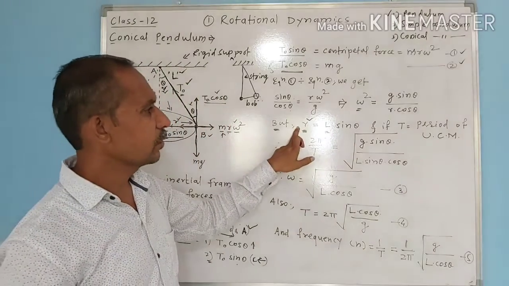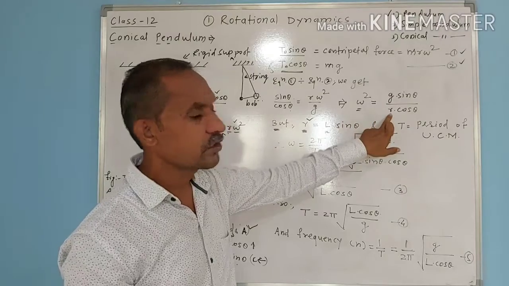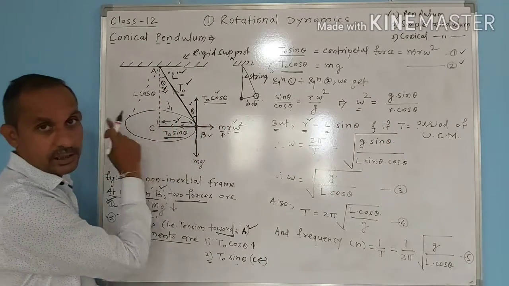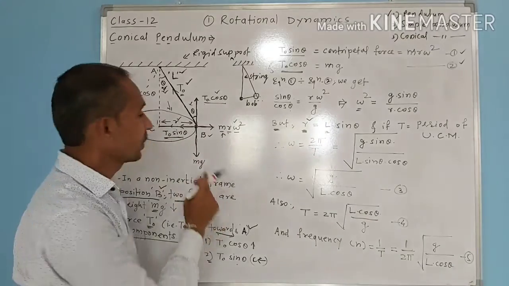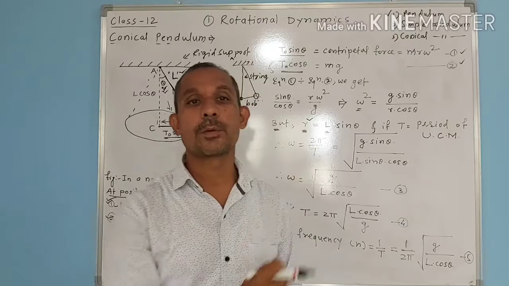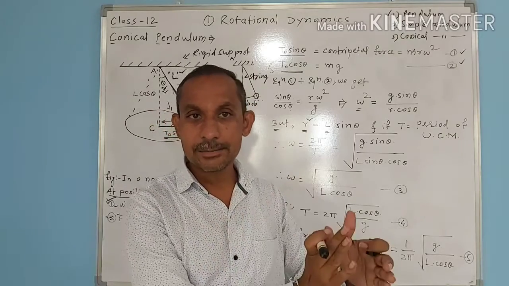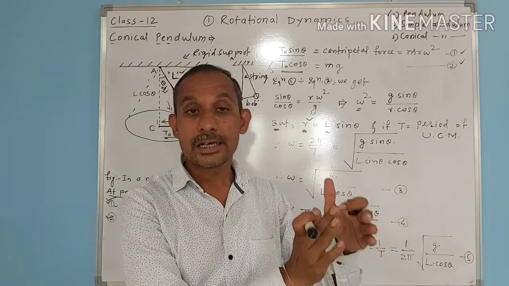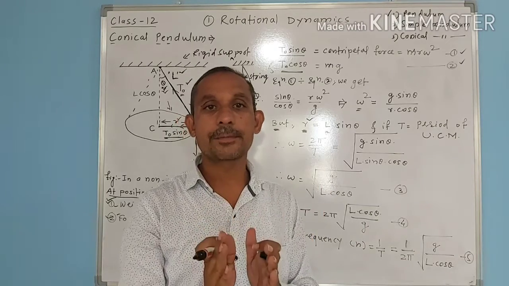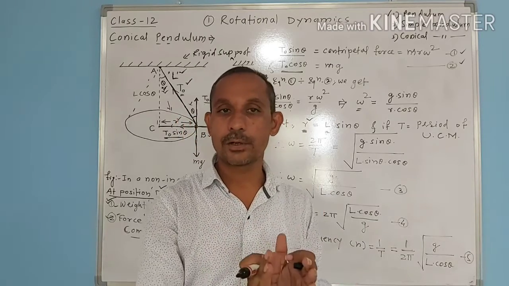So place this value of the radius in this equation. Again in this circular motion, for one circular motion of the bob, it will take some certain time. The time taken by the bob to complete one circular motion, that definite time, is called the periodic time.